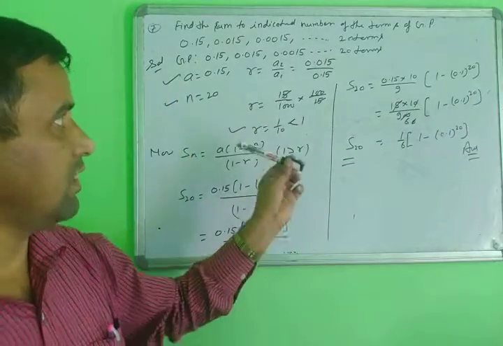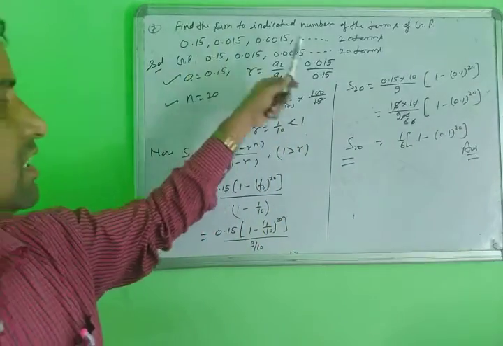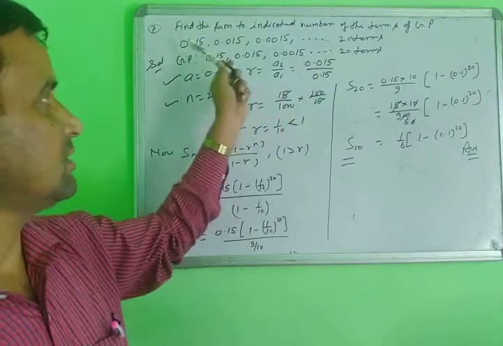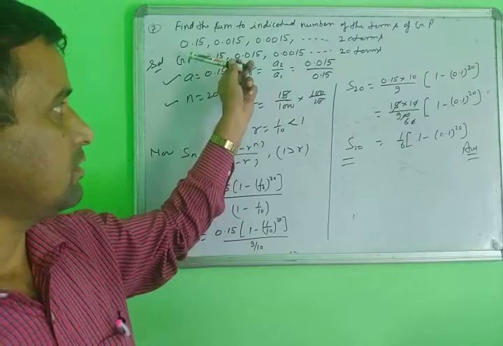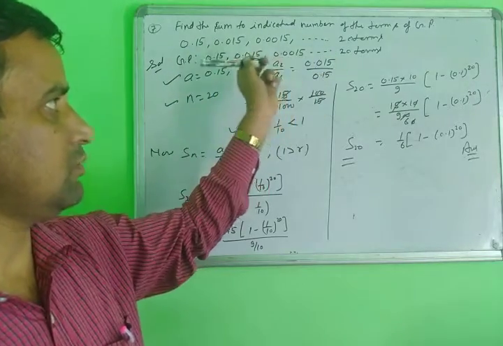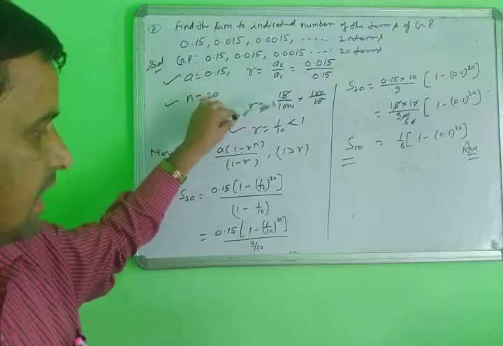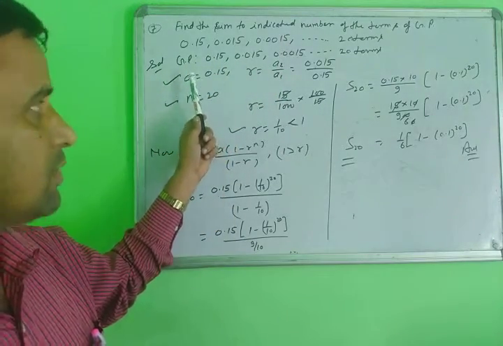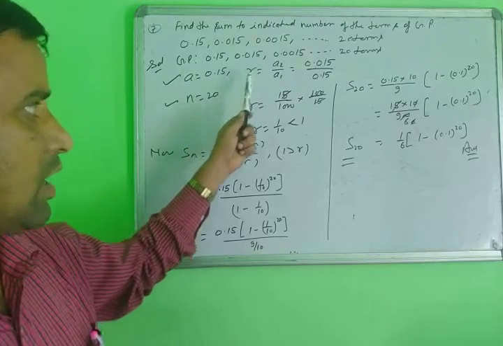According to this way, suppose any series is given, any number series, a special type of series, decimal number, non-decimal number, fraction number, any type of number series or GP, then you will calculate according to this way. First, what do you require here: a, n or r.